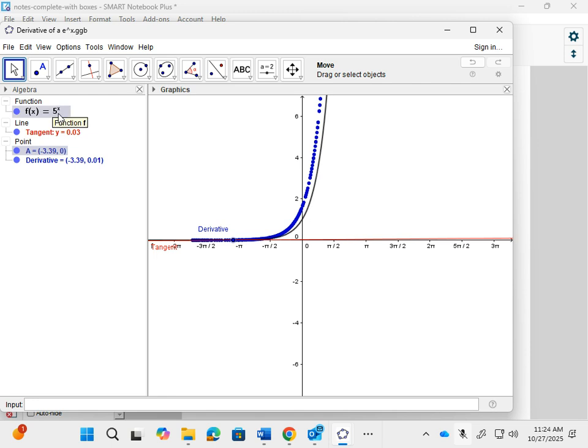So it looks like if you have anything other than e to the x, it's close. So we're going to figure out what the derivative of 5 to the x is.